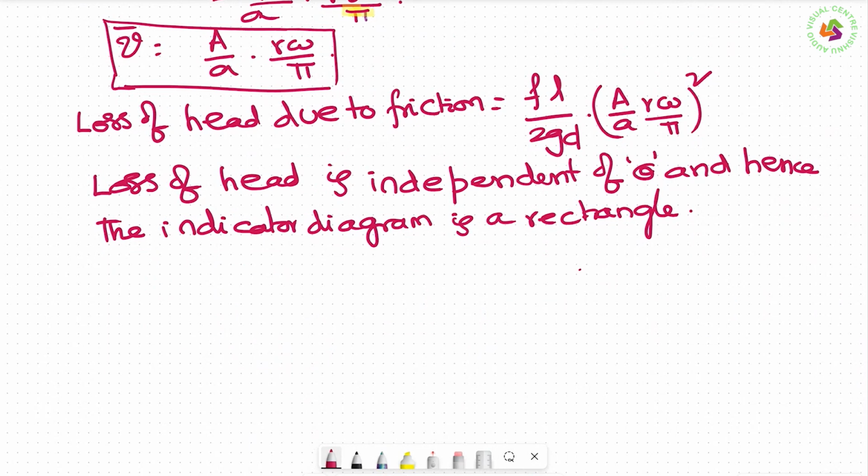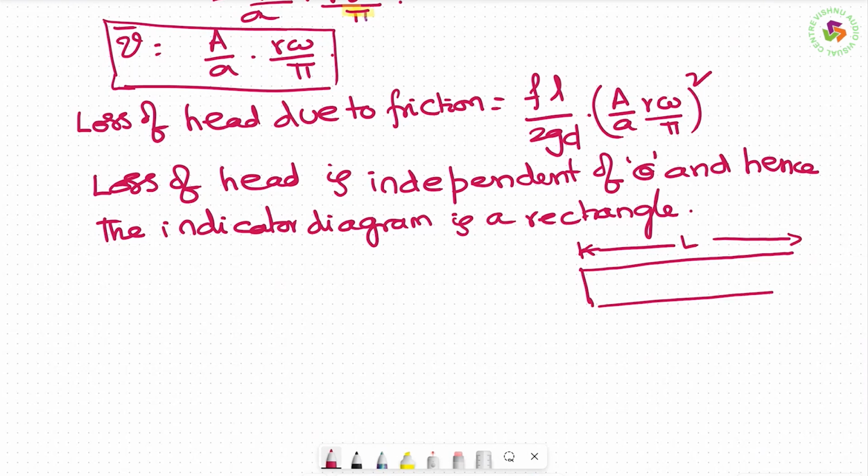How does it look? This is the length of the stroke L. Whatever the crank angle, whether theta is equal to 0, 90, or 180, this remains constant. This is the HF.